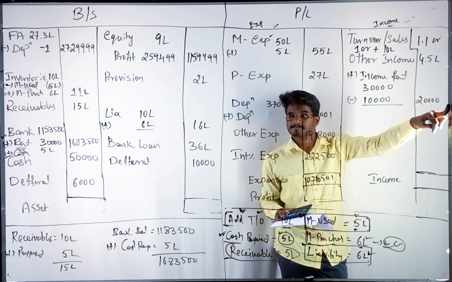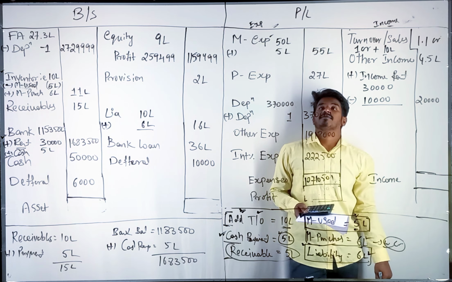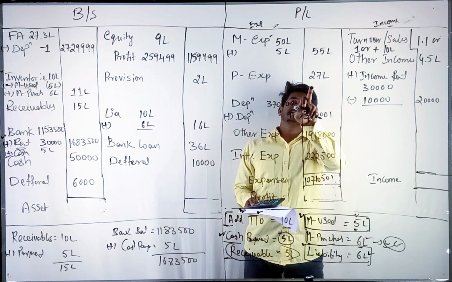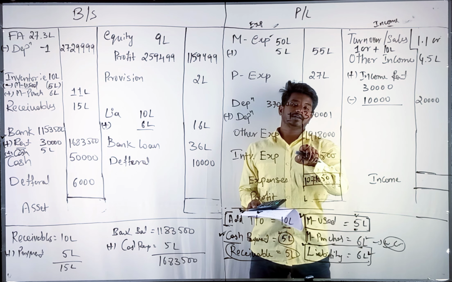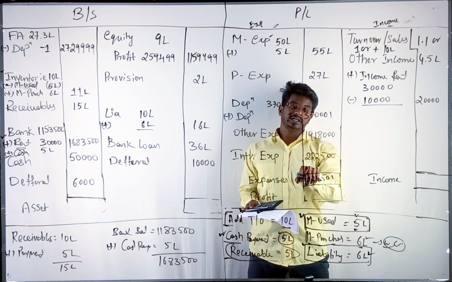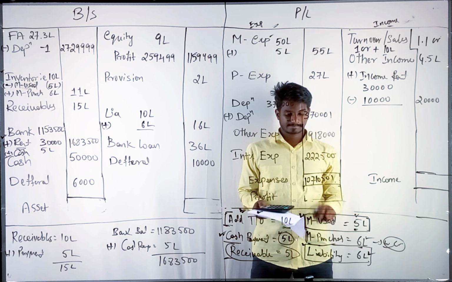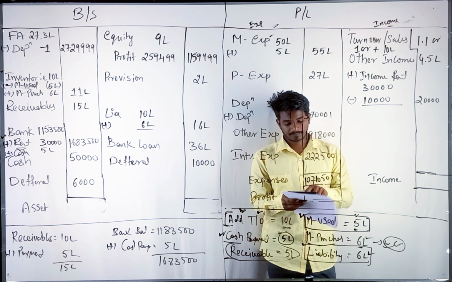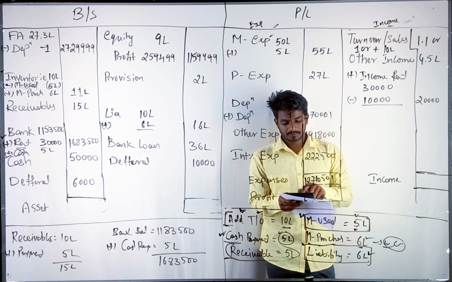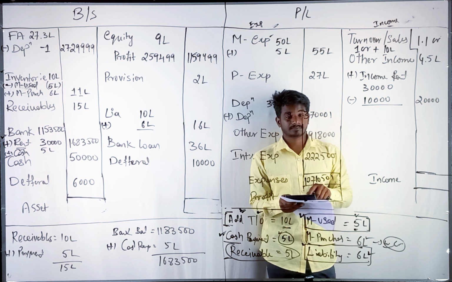Interest expenses, other expenses. 55 lakh plus 27 lakh, 3 lakh 70,001 rupees and 19 lakh 18,000, 2 lakh 22,500.